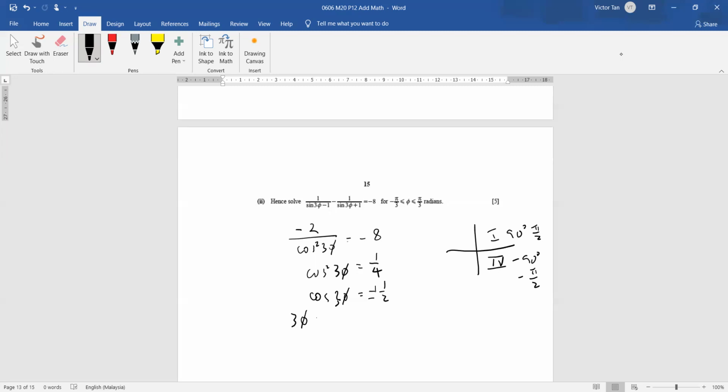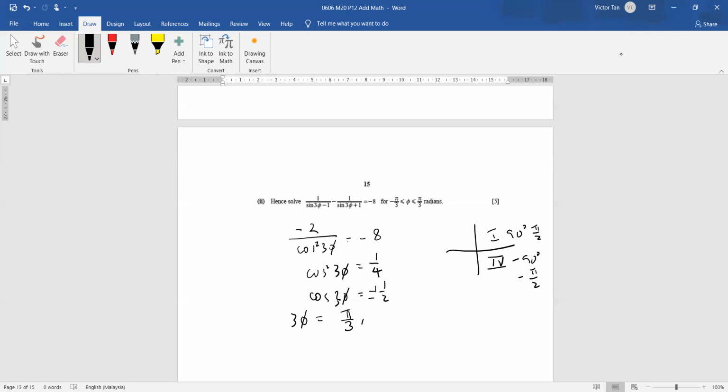3 phi equals. The reference angle is pi over 3.